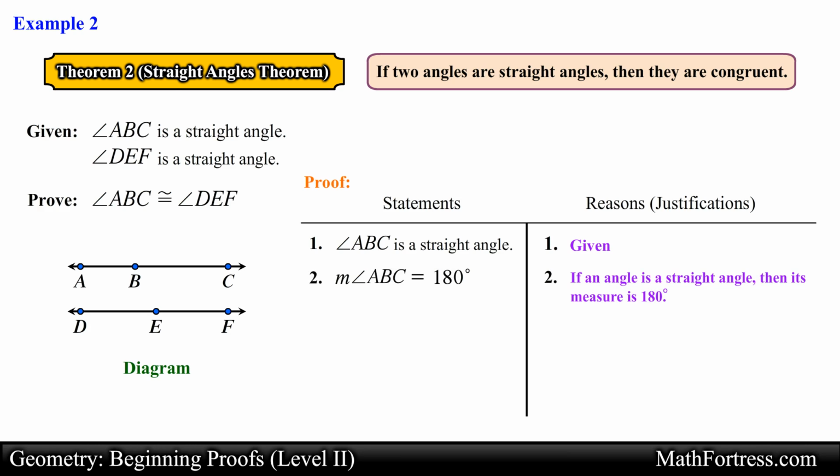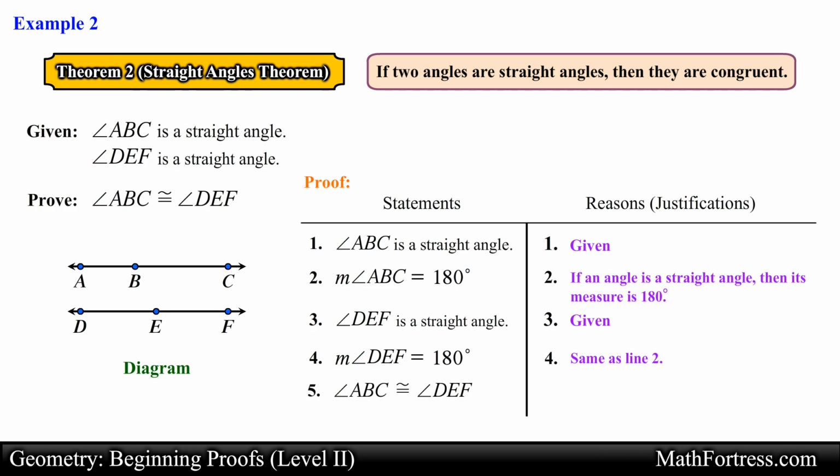In this case, if an angle is a straight angle, then its measure is 180 degrees. Next, we write angle DEF is a straight angle, and the reason is that it is given. Also, the measure of angle DEF is 180 degrees, and the reason is the same as line 2 because of the definition of straight angles.